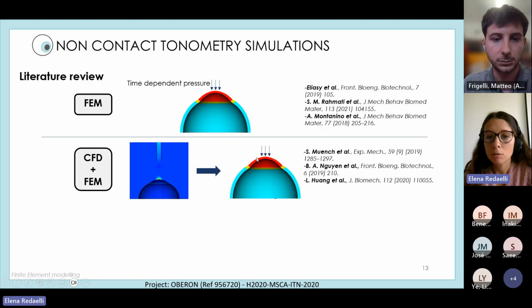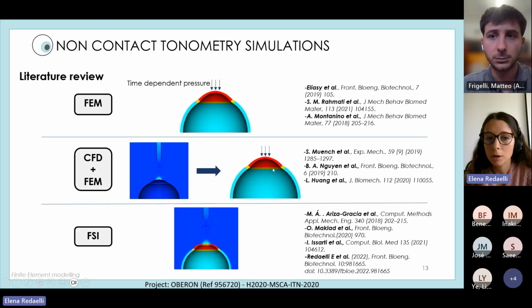But also in this case, we don't have the influence of the mechanical properties of the eye on the pressure. So the most complex simulation is the fluid structure interaction simulation, in which the geometry and the mechanical properties of the eye influence the pressure over the cornea.